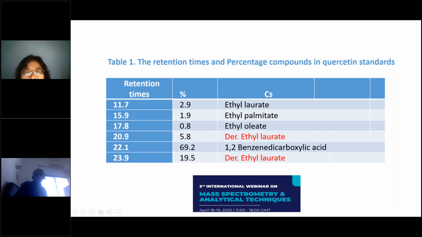One is 1,2-benzene dicarboxylate acid in high concentration, and a little ethyl laurate, palmitate, and derivative of ethyl laurate, in small percentage.